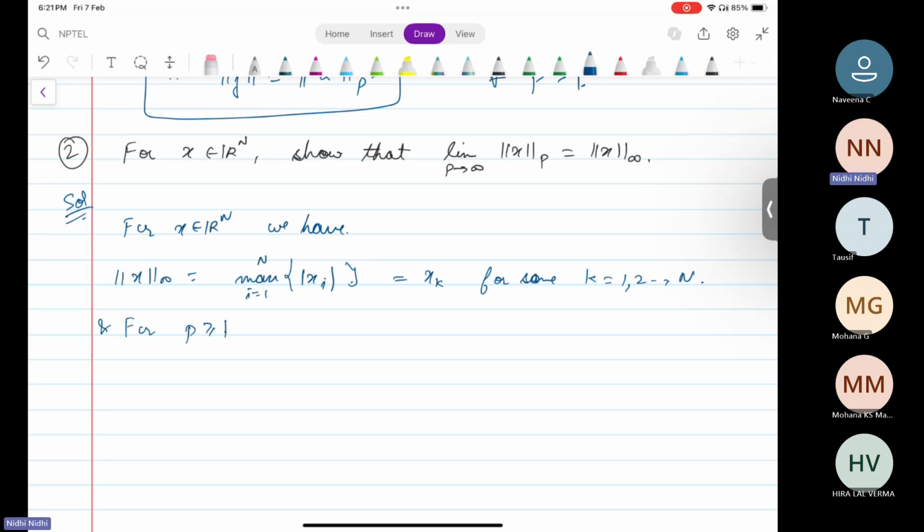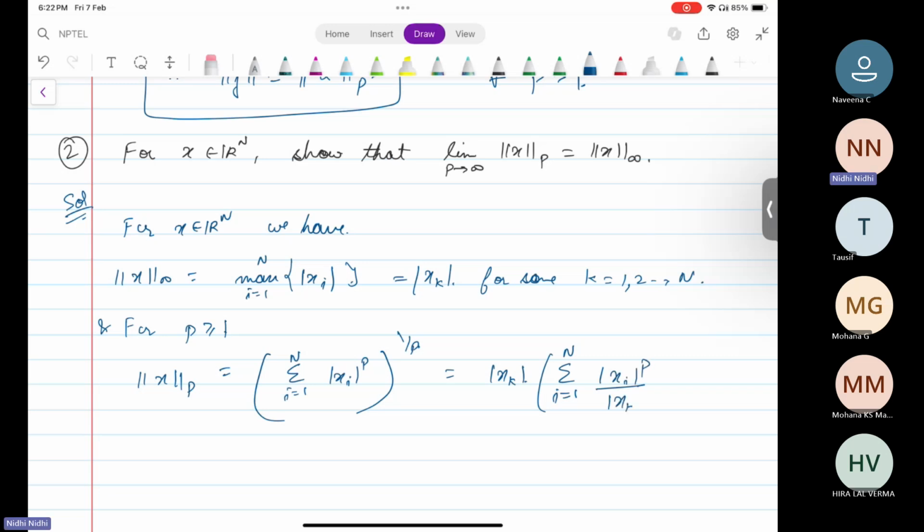p greater than or equal to 1, the LP norm of this x is equal to the summation i from 1 to n of modulus xi to the power p, whole to the power 1 by p. Now all these xi's are less than or equal to modulus xk, obviously, because xk is the maximum. So we can write this as modulus xk, just multiplying and dividing by the term modulus xk, the summation of modulus xi over modulus xk to the power p, whole to the power 1 by p.